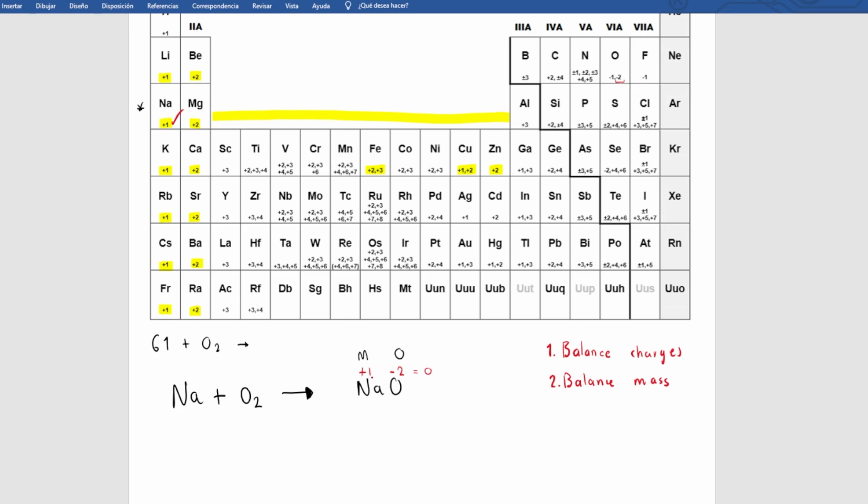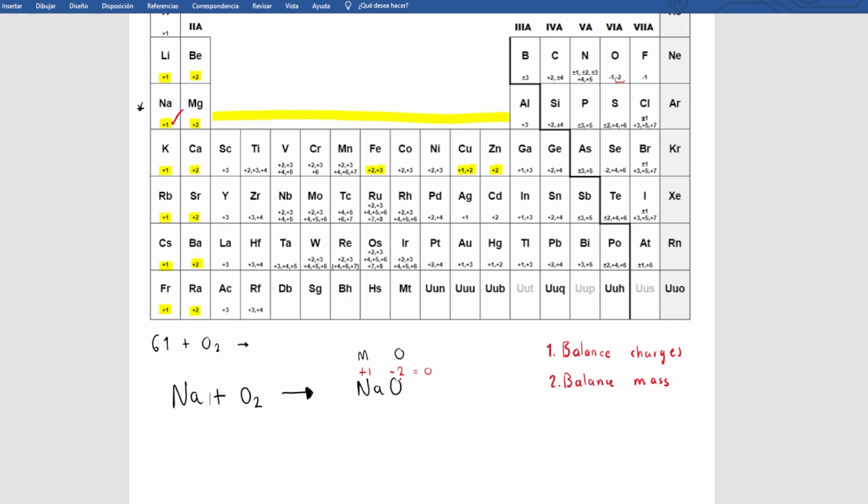So we have a +1 here and a -2 here. To make it neutral, we need to turn this 1 into a 2. But we cannot just say, okay, now sodium has 2. No. What we can do here is add another atom of sodium. The charge of the two atoms is going to be +2. And now the formula has a net charge of 0.